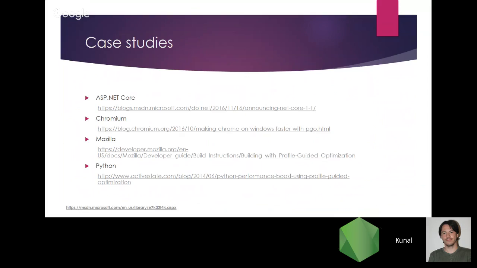They published a blog recently, in October, about how they will be building Chromium with PGO binaries. Mozilla has had that for a while. Python does that. So this PGO technology is a proven technology that many big projects use to get benefits and improvements.